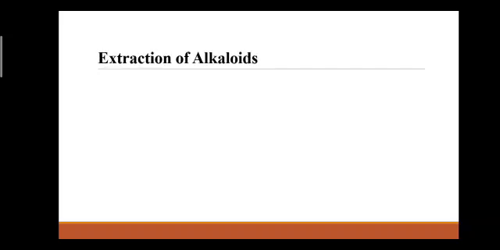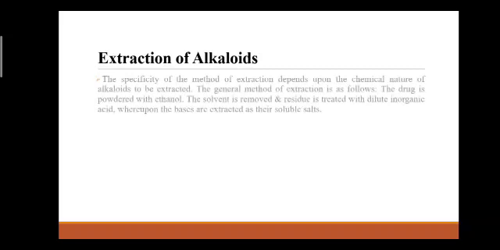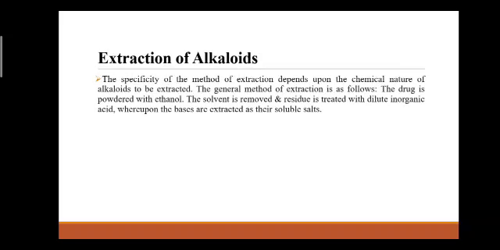Next point, extraction of alkaloids. The specificity of the method of extraction depends upon the chemical nature of alkaloids to be extracted. The general method of extraction is as follows. The drug is powdered with ethanol. The solvent is removed and residue is treated with dilute inorganic acid, whereupon the bases are extracted as their soluble salts.